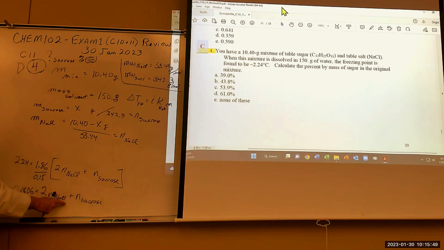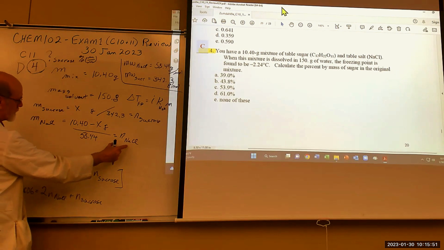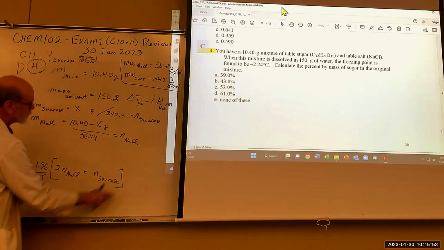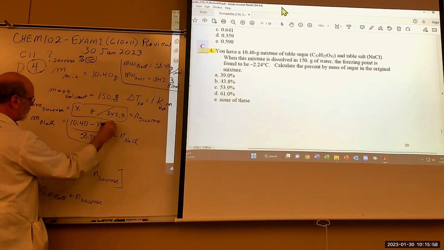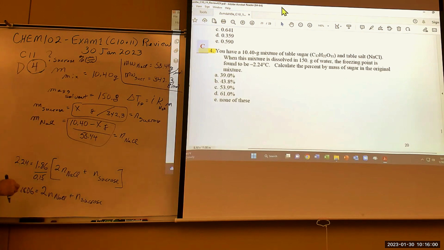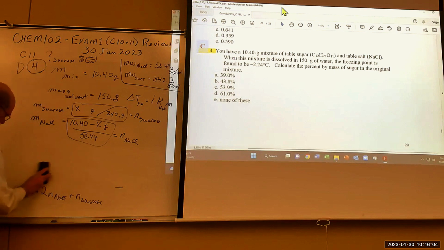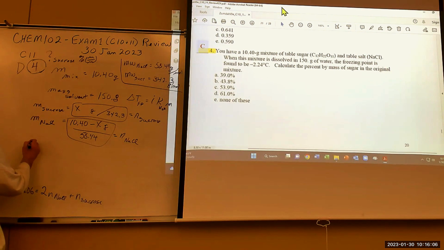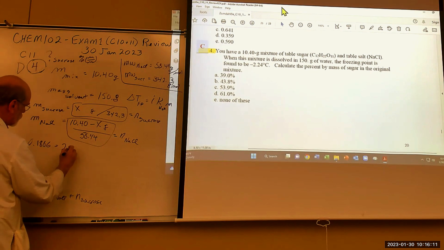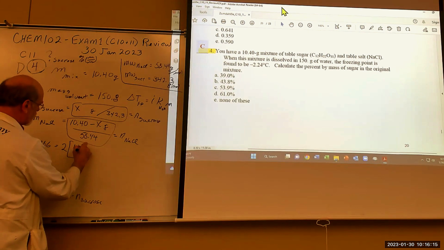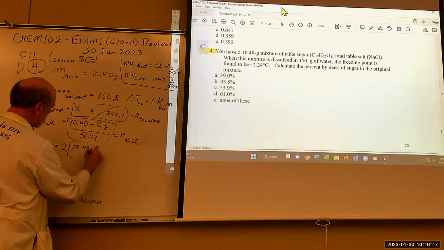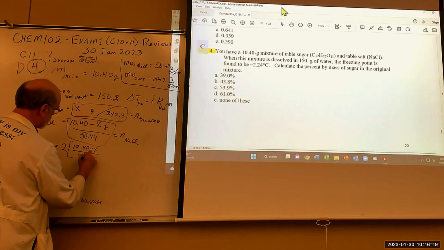If we substitute in moles of sodium chloride for this one and moles of sucrose for this one, then we get a new formula. So we have 0.1806 equals 2 times (10.40 minus X) over 58.44.